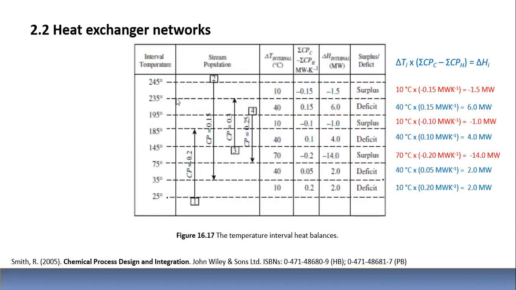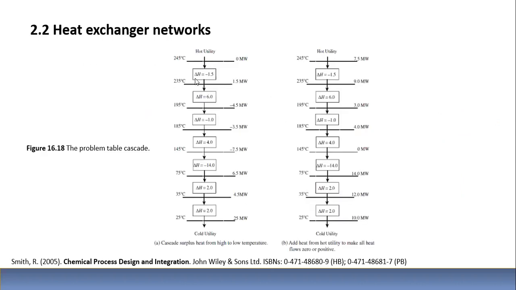Within the intervals, just like you see here, say, within 245 and 235, you have minus 1.5 megawatts. Within 235 and 195, you have 6.0 megawatts. Within 195 and 185, you have minus 1.0 megawatts, and so on and so forth. So that should reflect what you see on this cascade table.